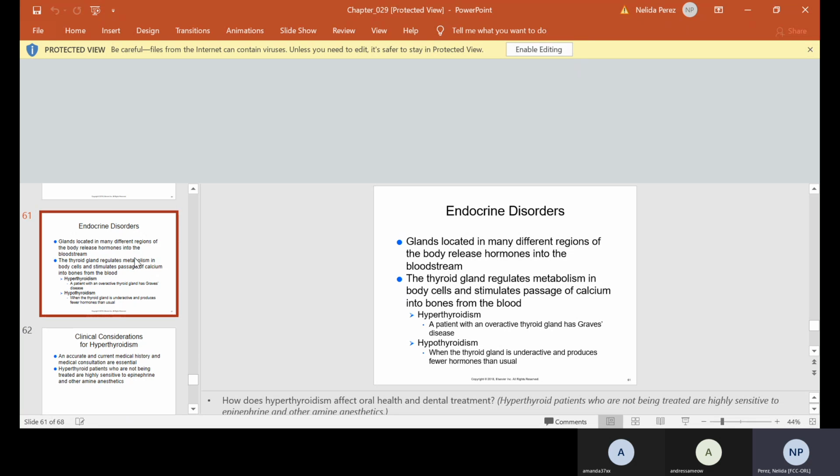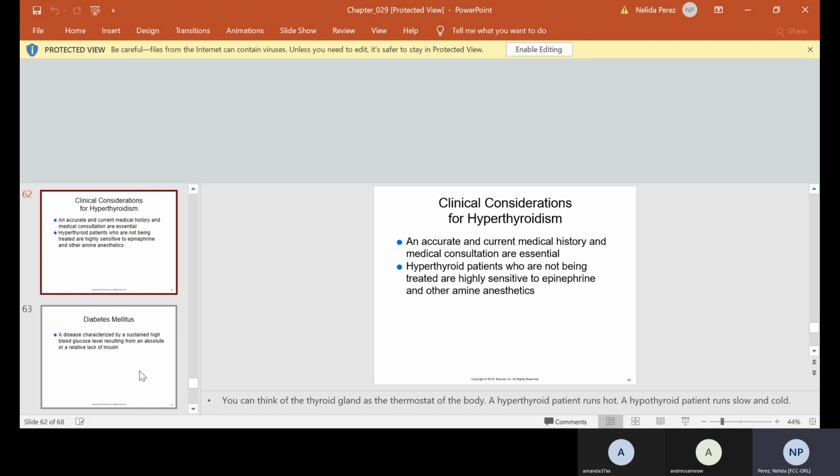Hypothyroidism, when the thyroid gland is underactive and produces fewer hormones than usual. And clinical considerations, an accurate and current medical history and medical consultation are essential. Hyperthyroid patients who are not being treated are highly sensitive to epinephrine and other amine anesthetics.